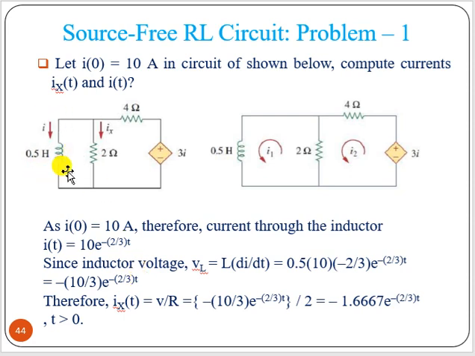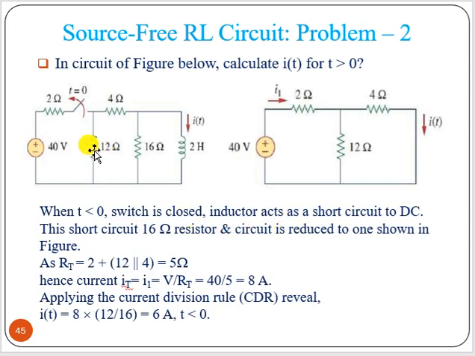This VL equals VR, because these two are in parallel. So Ix is this V divided by R. So we divide it by R, and we get the current Ix. So we got the values of I and Ix.